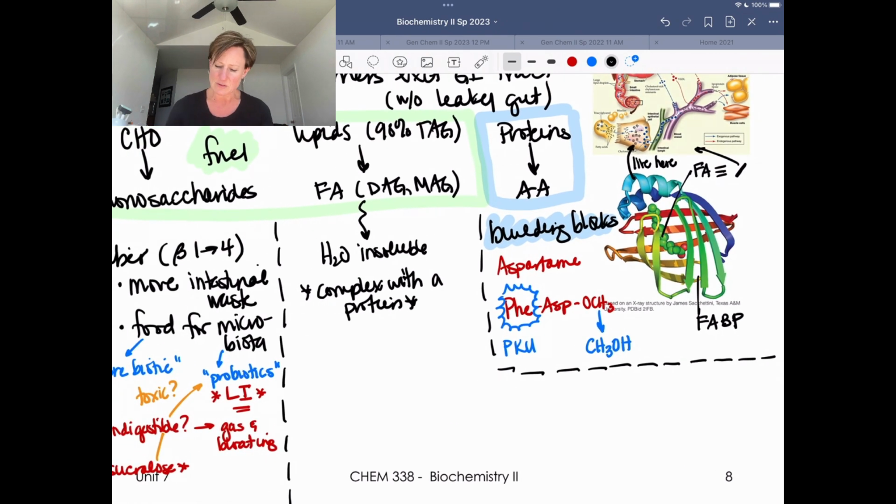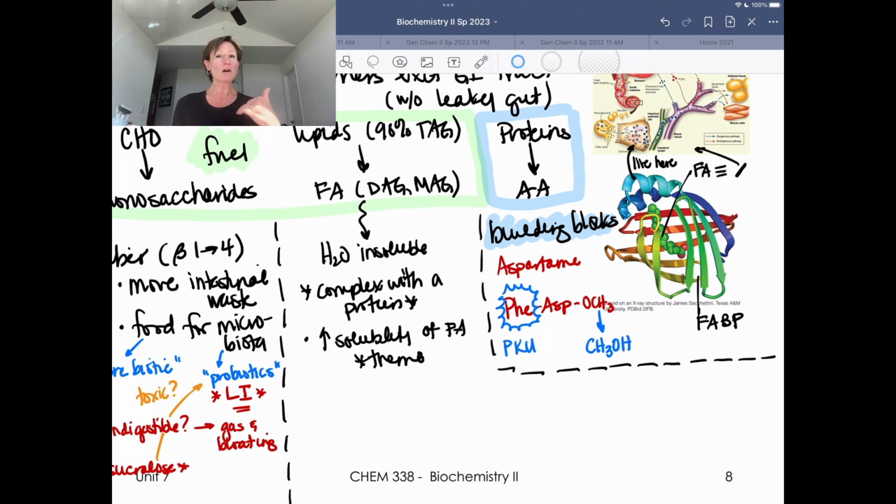Here's how fatty acid binding proteins help. They help in two ways. First of all, they're going to increase the solubility of our fatty acids, and that's going to be a theme that we're going to see. And the second thing they're going to do is make it seem like there is no concentration of fatty acids in the cell, so they're going to help with facilitated diffusion.